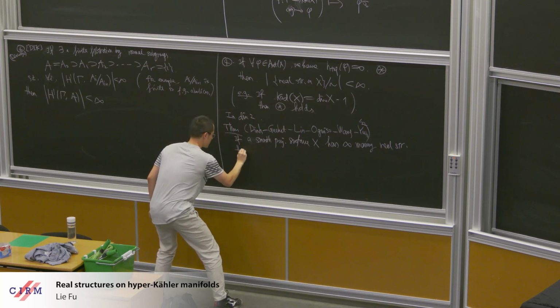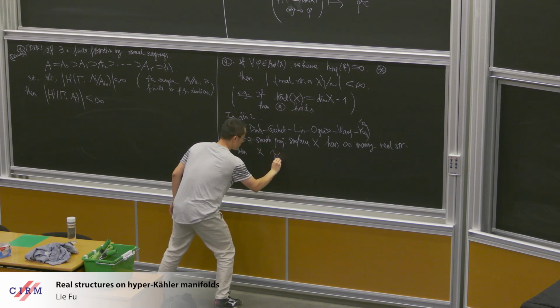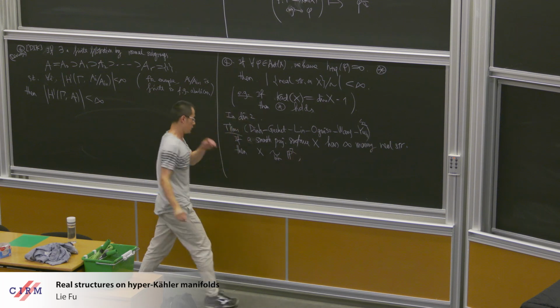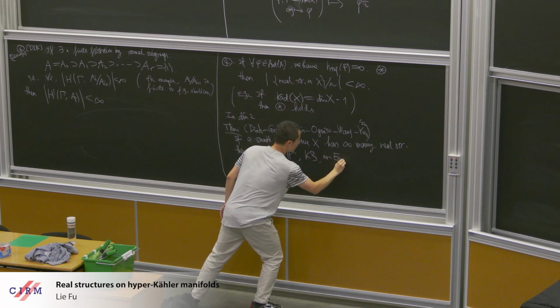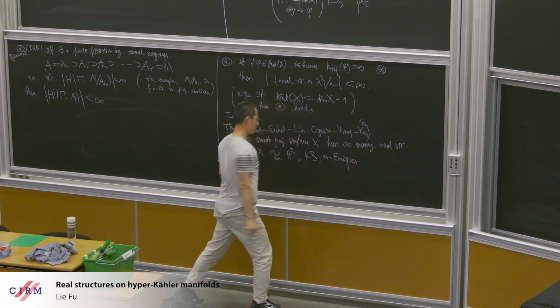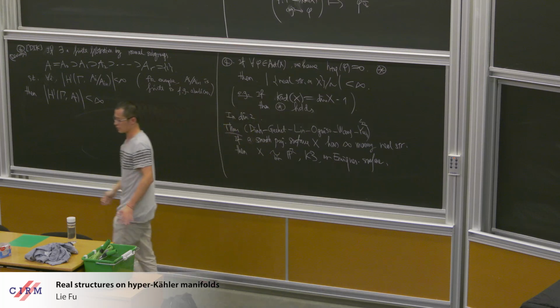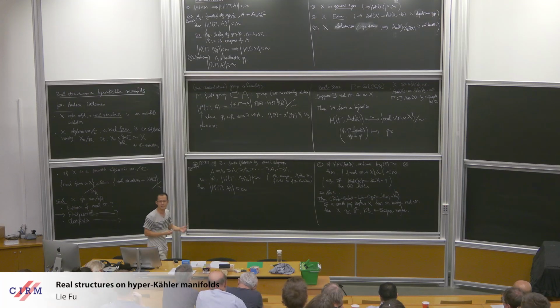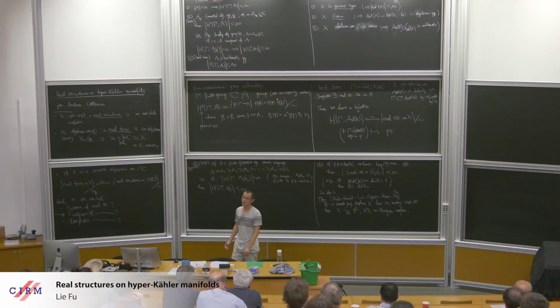Then X is birational to P2 or a K3 surface or an Enriques surface. So it's really quite, in my opinion, quite precise control. So any surface of different birational type only has finitely many real structures.